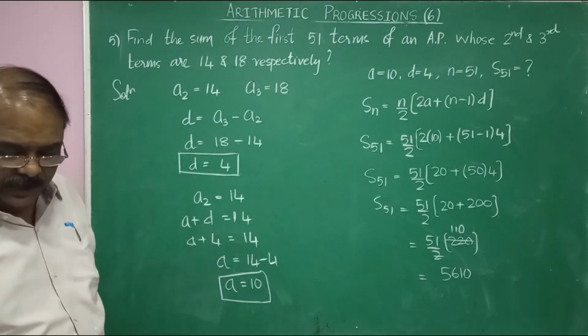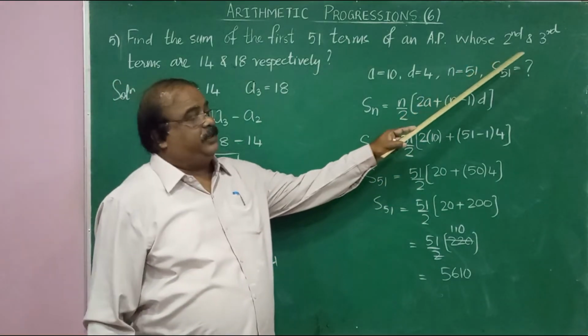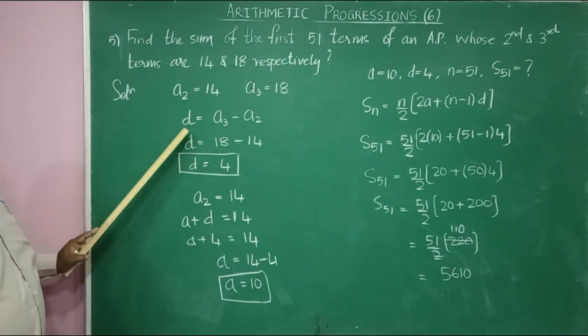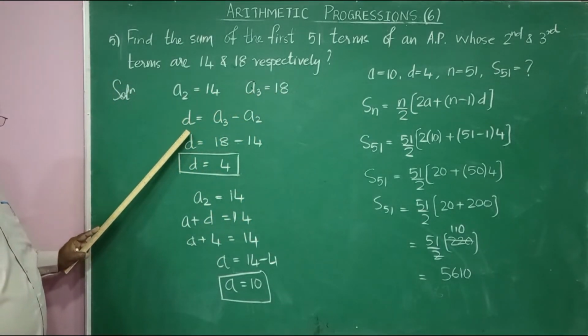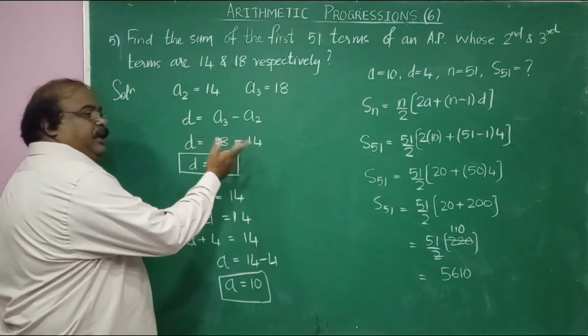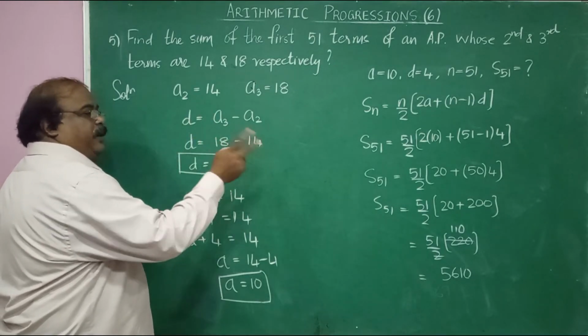Here I have not given you directly the first term, but I gave you the second term and third term. Once you know the second term and third term, first I found out the common difference. Common difference is the difference between any two consecutive terms, a2 minus a1 or a3 minus a2 or a4 minus a3.